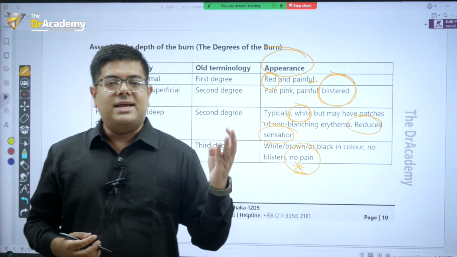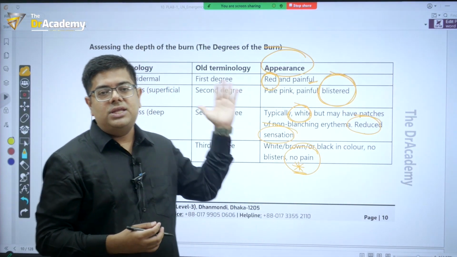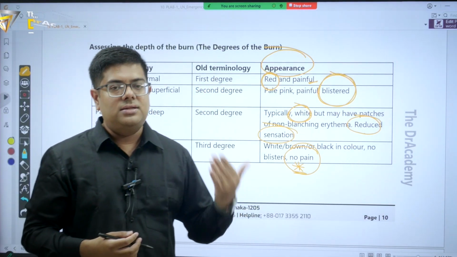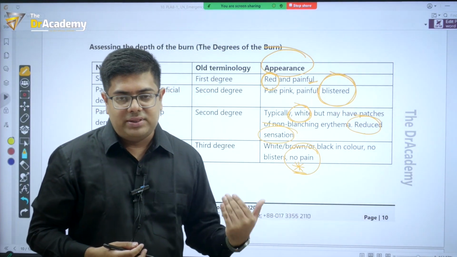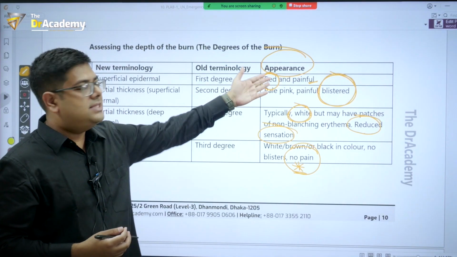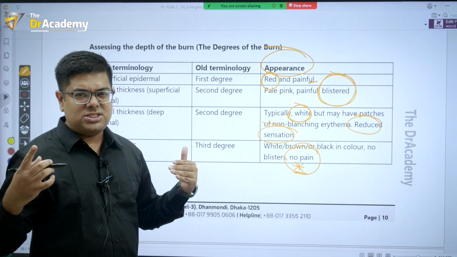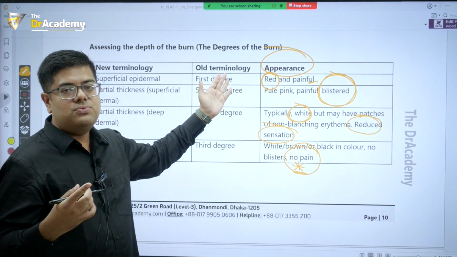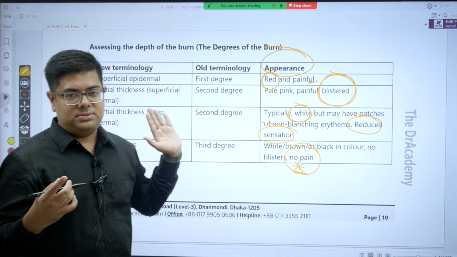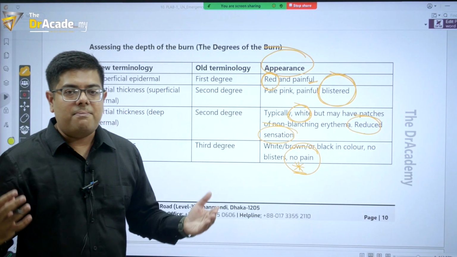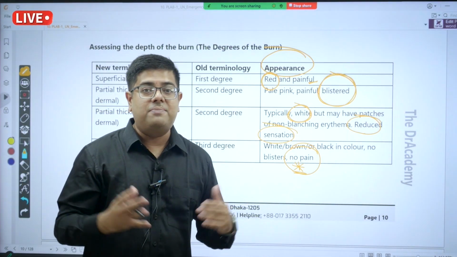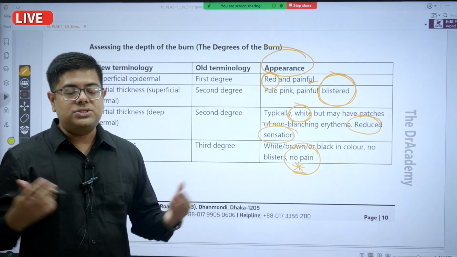So, first degree, second degree, third degree is our old terminology. New terminology is superficial epidermal, then dermal, then full thickness. How do you recognize? These are the keywords. If a stem mentions that a person has red raw skin, that is what? That is superficial epidermal, first degree burn. If a stem mentions a patient with burn having blisters, what do you say?